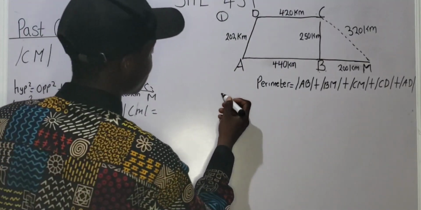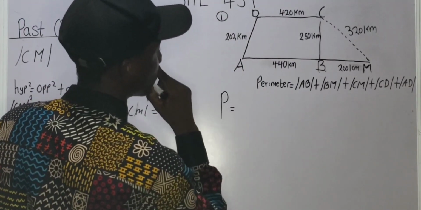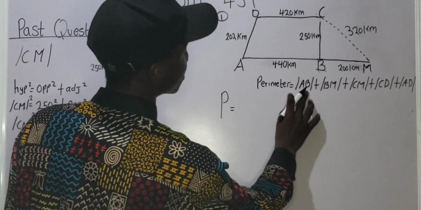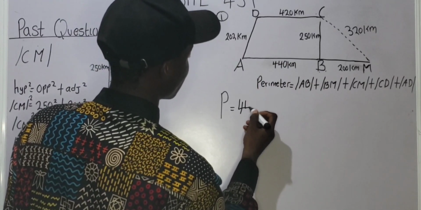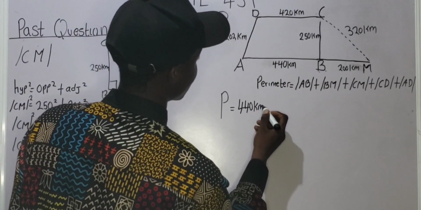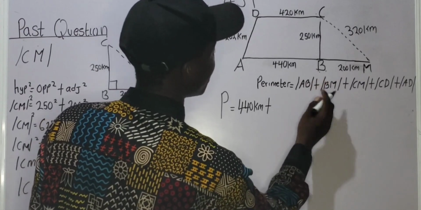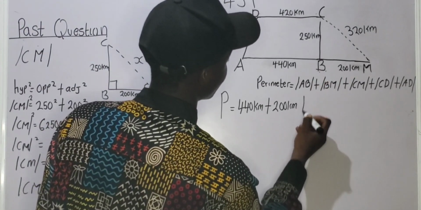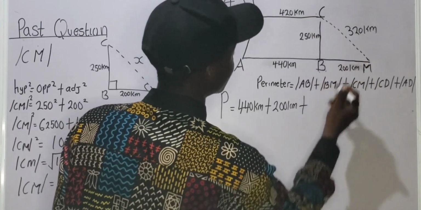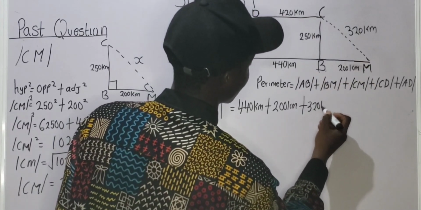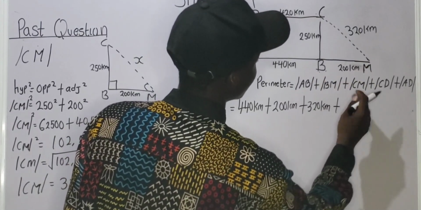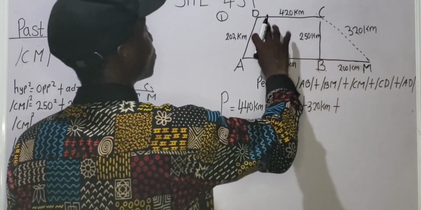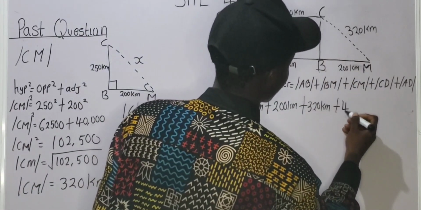That is the perimeter. Line AB is 440 kilometers, plus line BM, which is 200 kilometers, plus line CM, which is 320 kilometers, plus line CD, which is 420 kilometers.